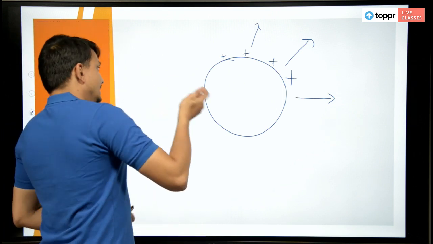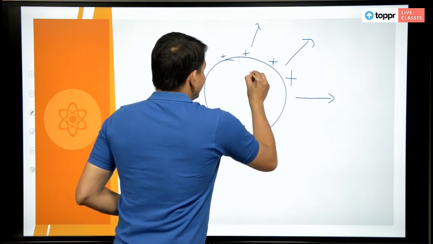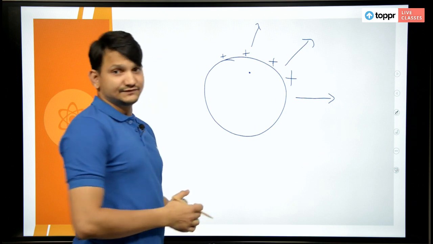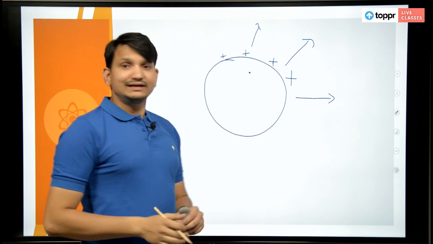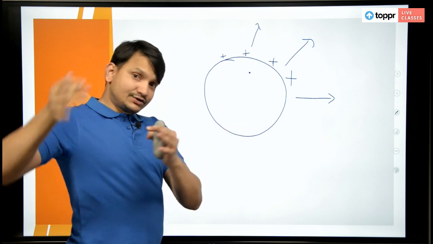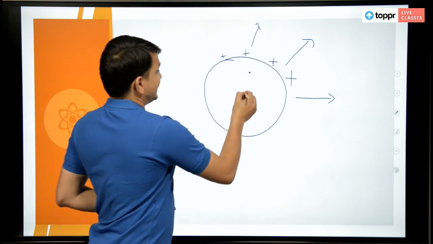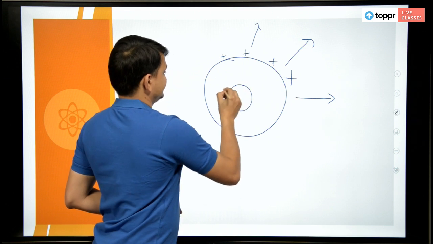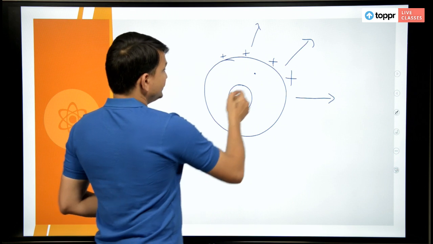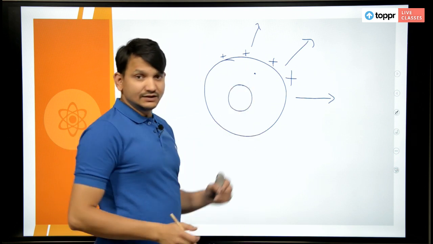Now, what about any point inside the sphere? At this point, there will be no electric field. Now, if we introduce another shell inside there, would there be an electric field on this point?